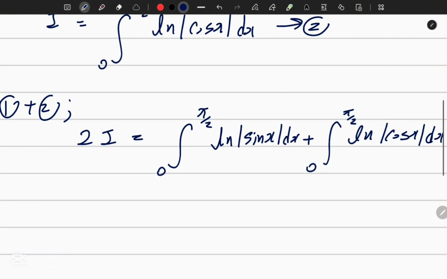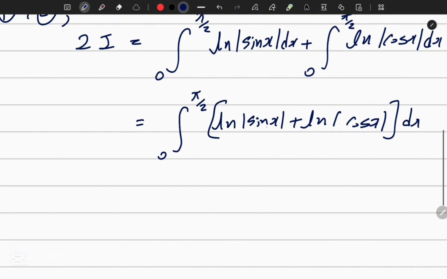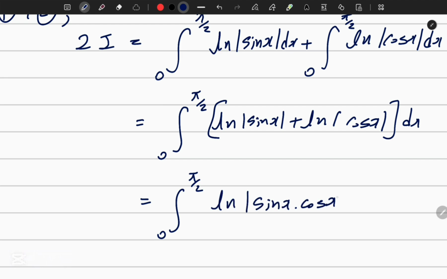I can take the integral out from here: the integral from 0 to π/2 of ln sin x plus ln cos x dx. The addition of logs equals the log of the product, so this is ln of sin x cos x.